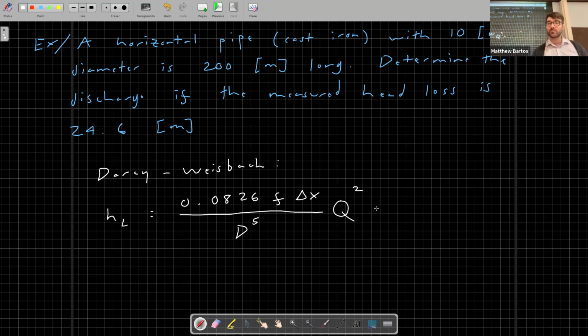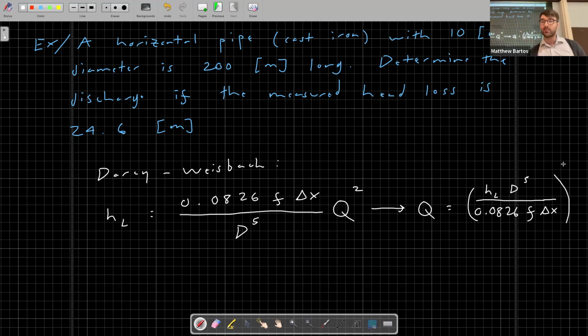We can rearrange this for the discharge, and we get that the discharge is equal to the following quantity: our head loss times the diameter to the 5th power divided by 0.0826 times the friction factor times delta X, all raised to the 0.5 power.